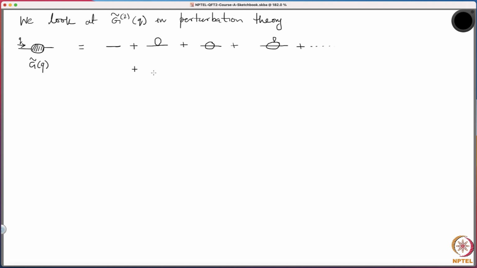You have this also at order lambda square, this at order lambda cube, and so forth. And of course, you also have terms of this form.